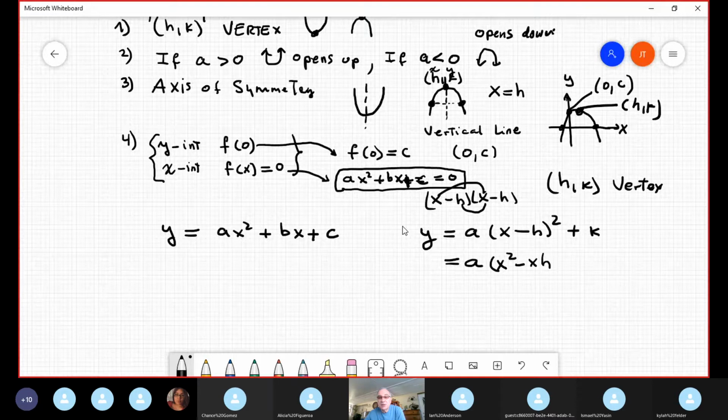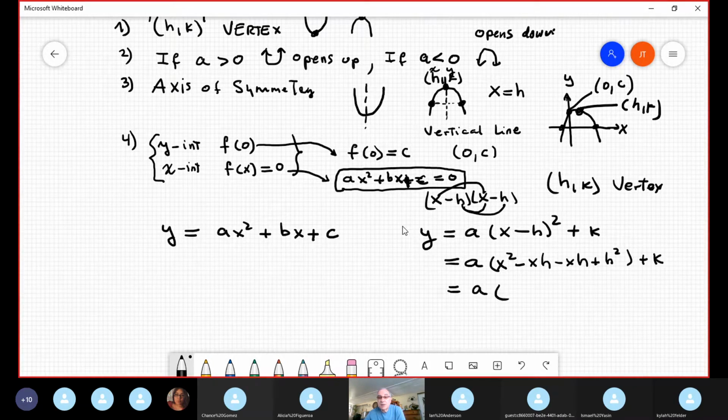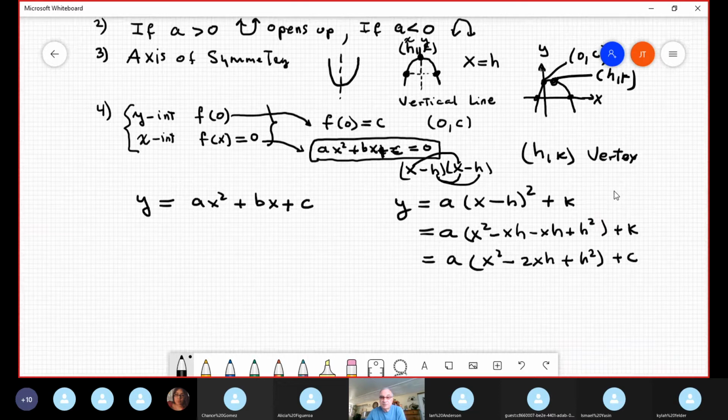The inner product is exactly the same, no coincidence because they are twin brothers, plus h squared. Plus k. This is x squared minus 2xh plus h squared plus k.